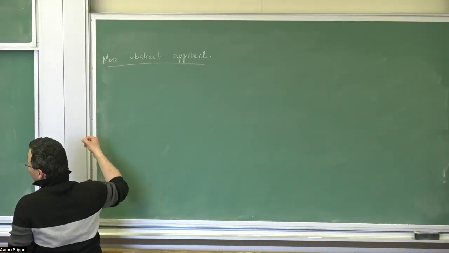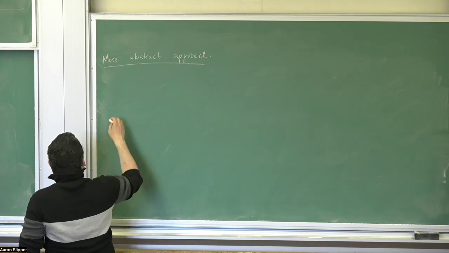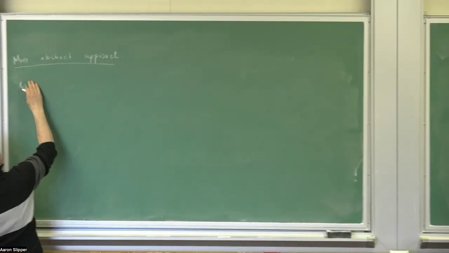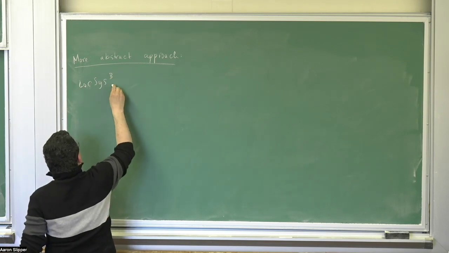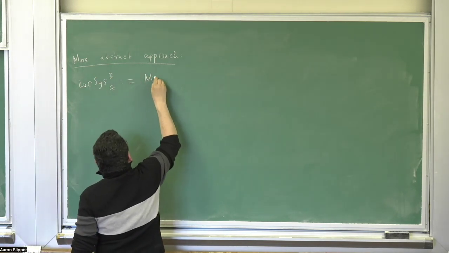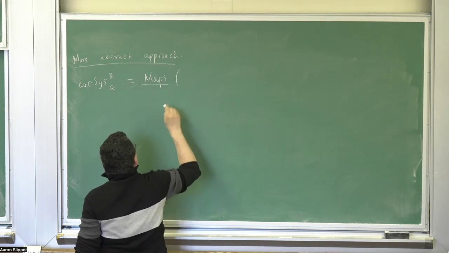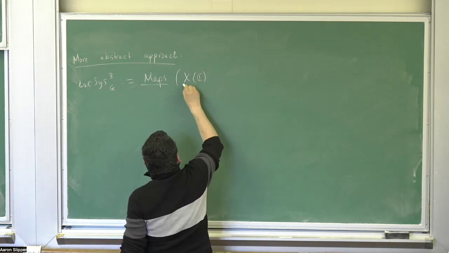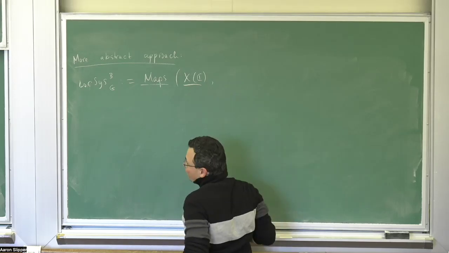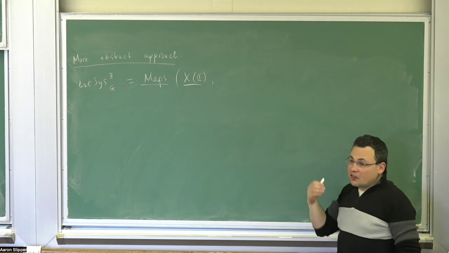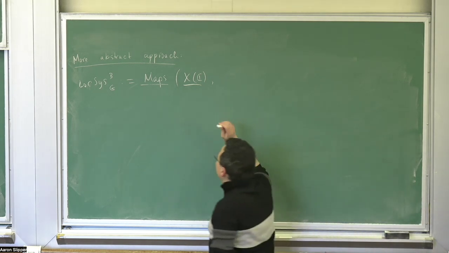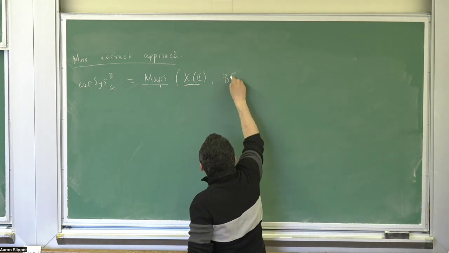so the more abstract approach is to define it as a kind of mapping stack. This is a mapping stack from the constant stack, which is just the underlying homotopy type of x, into BG.